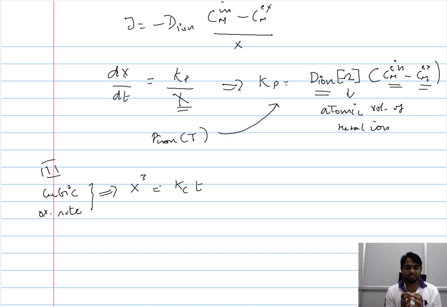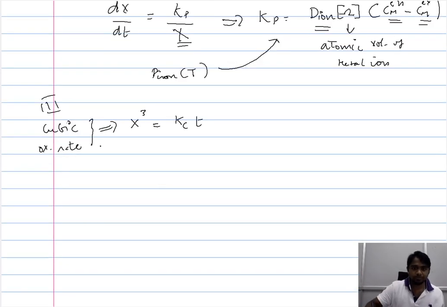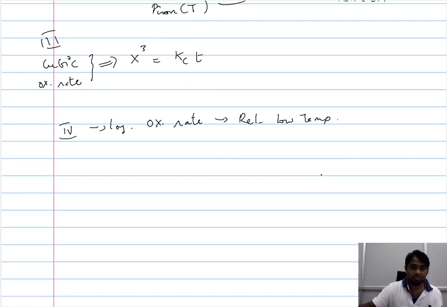and so this is the characteristic expression for the cubic oxidation rate. Now there is one more oxidation rate that we need to consider, that is the logarithmic oxidation rate. This logarithmic oxidation rate is observed at relatively low temperature. Let us consider the expression for the logarithmic oxidation rate.